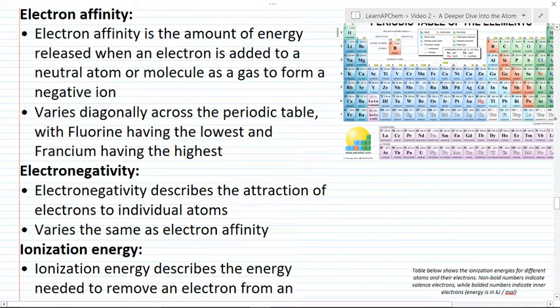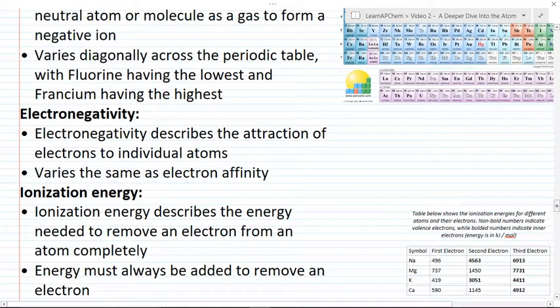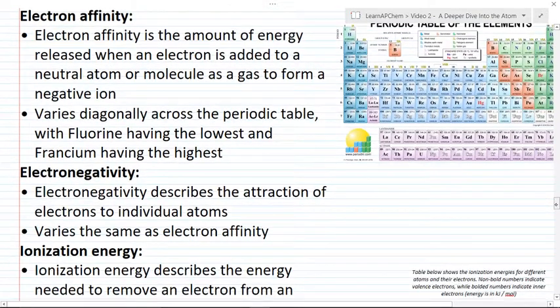The opposite of electronegativity would be the ionization energy, which is talking about removing electrons from an atom. Electronegativity describes the attraction of electrons to an atom, and electron affinity is the amount of energy released when an electron is added to a neutral atom. So they're not opposites in terms of definition, and they vary the same way.